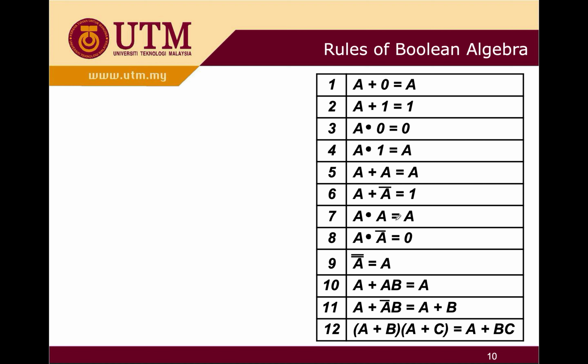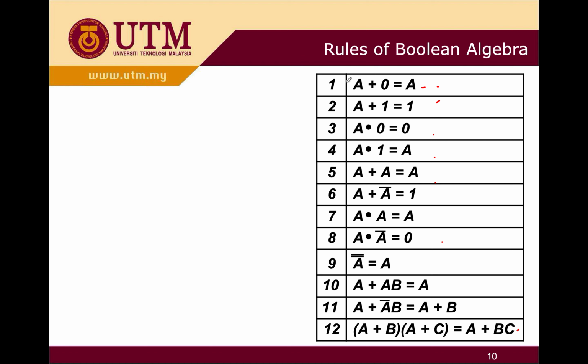So now I want you to fully understand all the rules before you memorize them, because the most important thing is to understand how you can get all these rules.